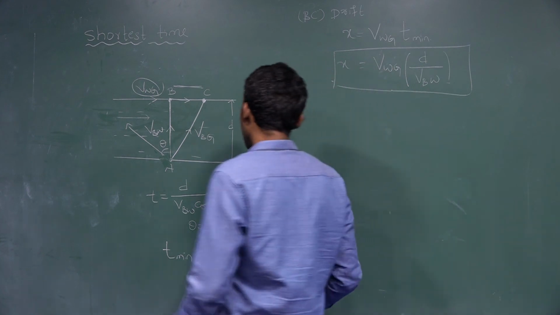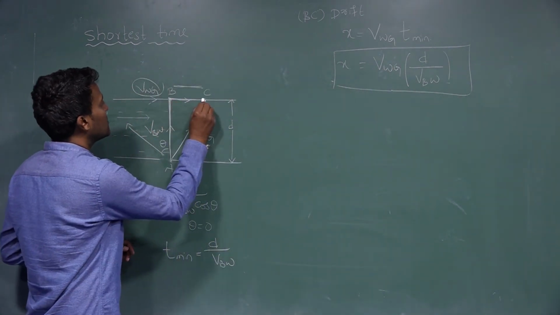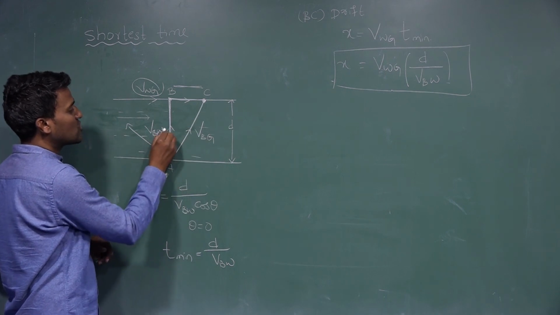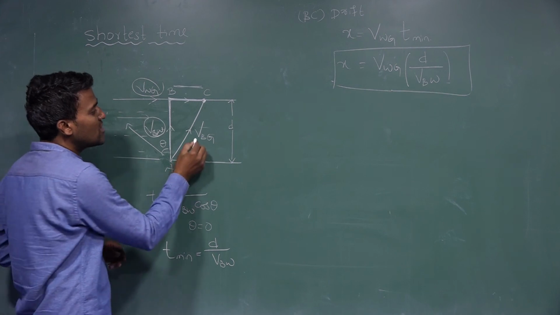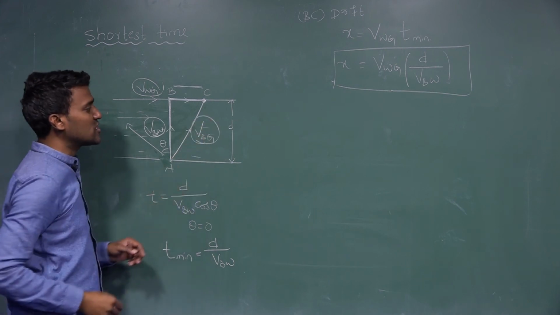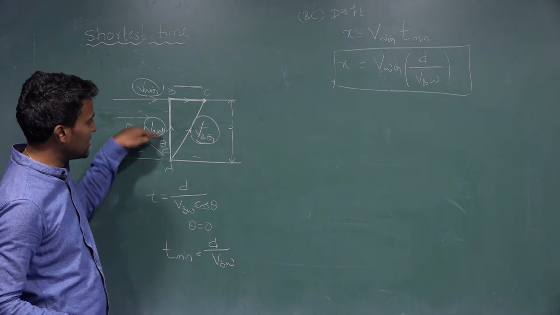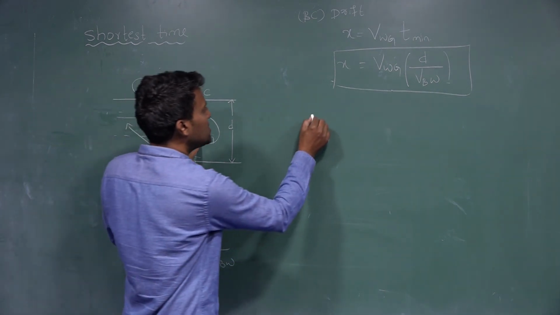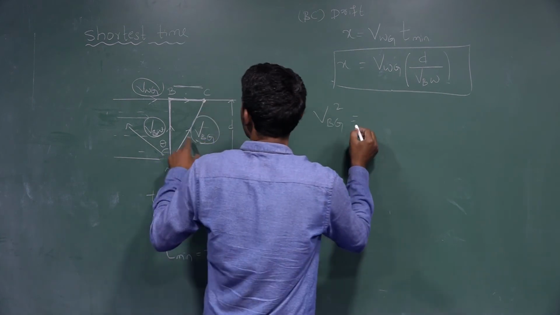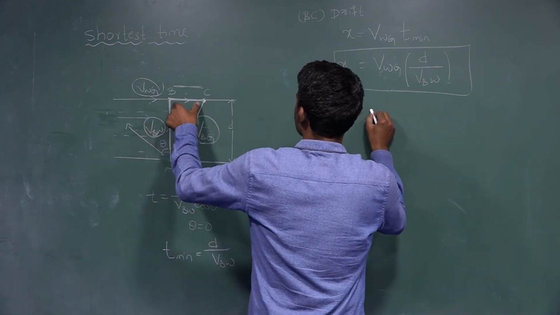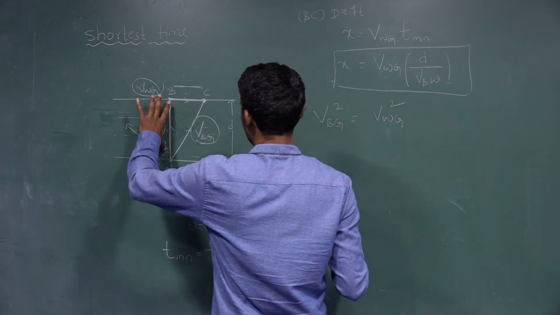In this situation, this is VBW, the velocity of the boat with respect to water, this is the velocity of the water with respect to ground, and this is the velocity of the boat with respect to ground. These three form a right angle triangle, so VBG whole square is equal to VWG square, the opposite side, plus VBW whole square, the adjacent side.